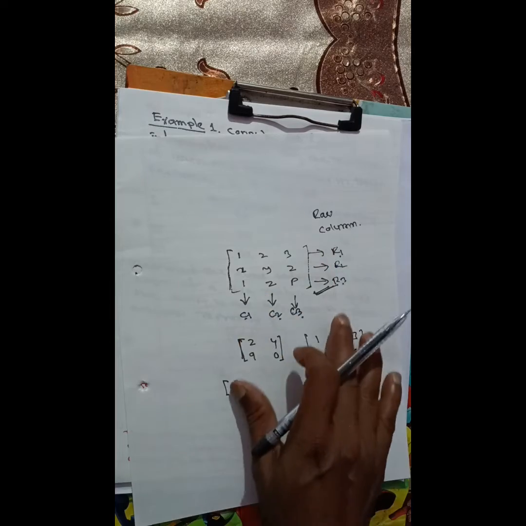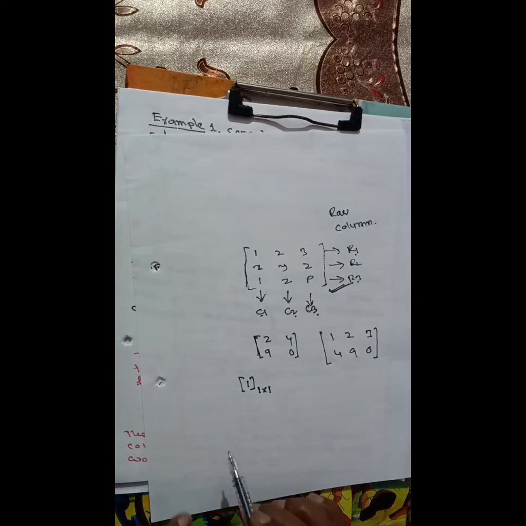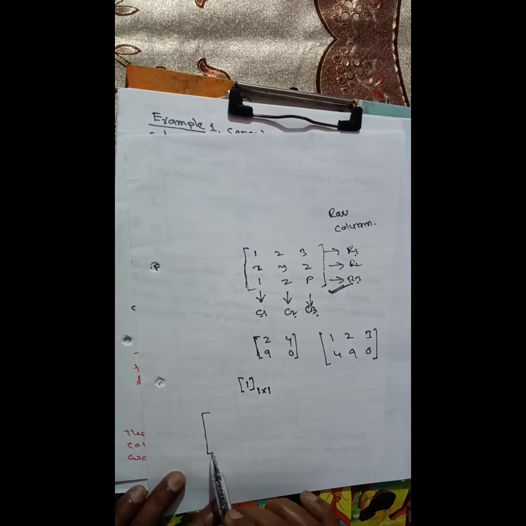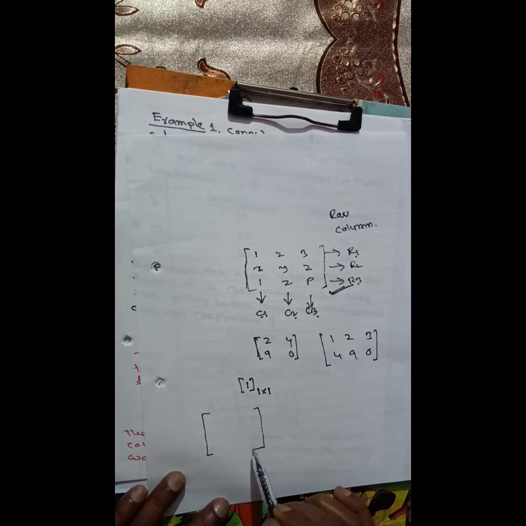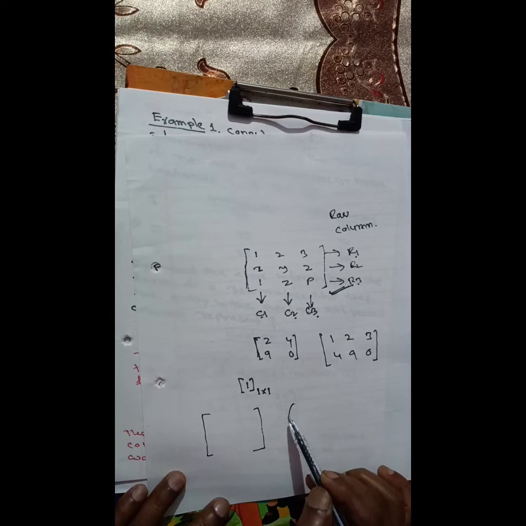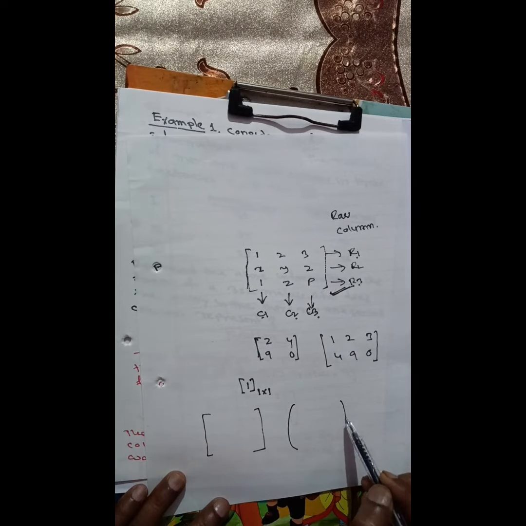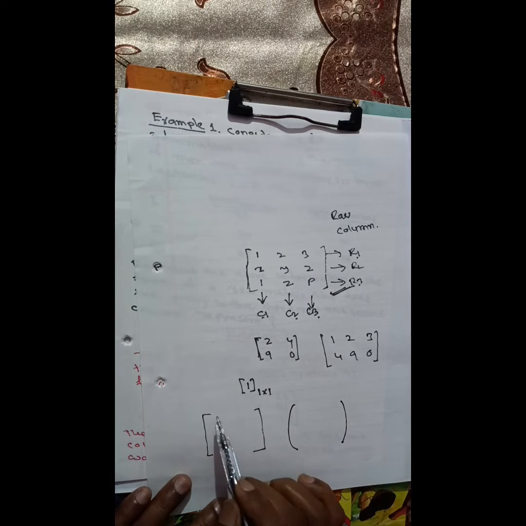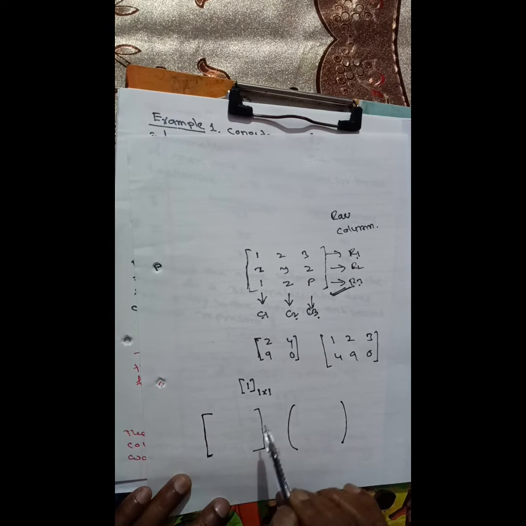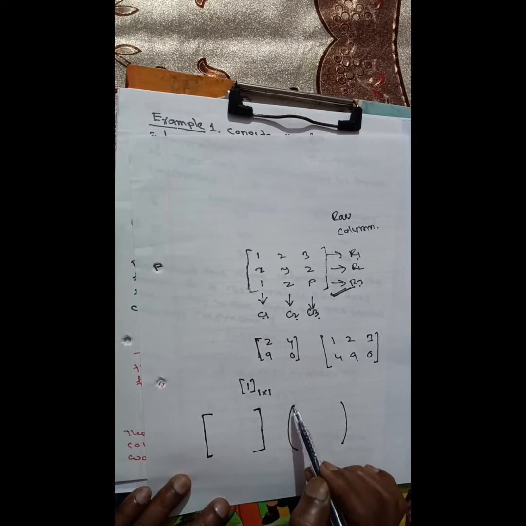Generally a matrix is denoted within a third bracket, or sometimes it is denoted by small brackets also. So we can denote it this way and also this way.